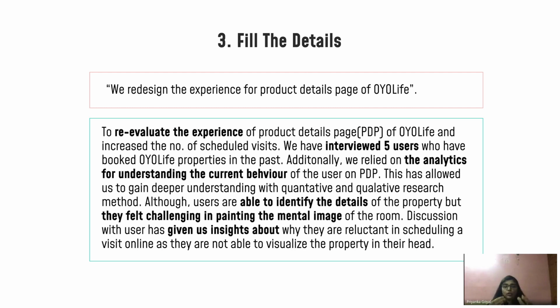Try to use right words, like evaluated, interviewed, understood, or identified, all those words which are a key vocabulary that you should use while creating a case study, which most of the designers can relate to. Try to go with that kind of approach.